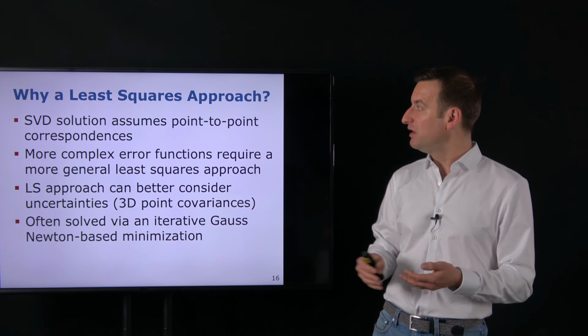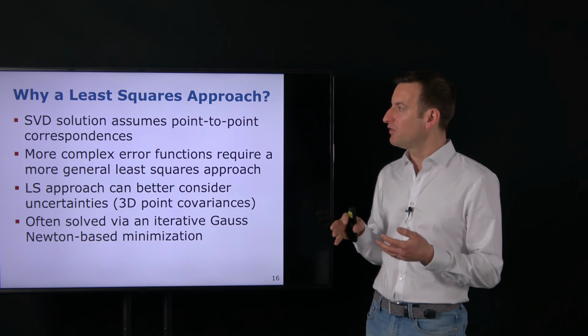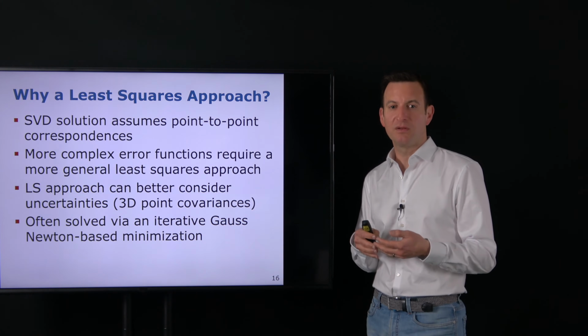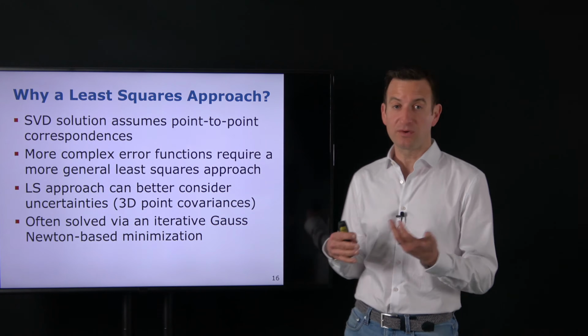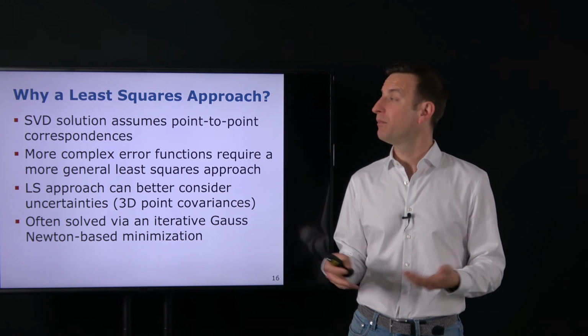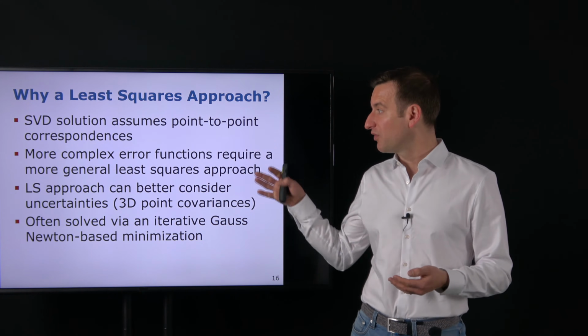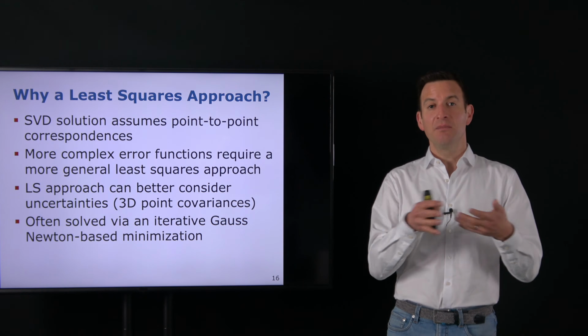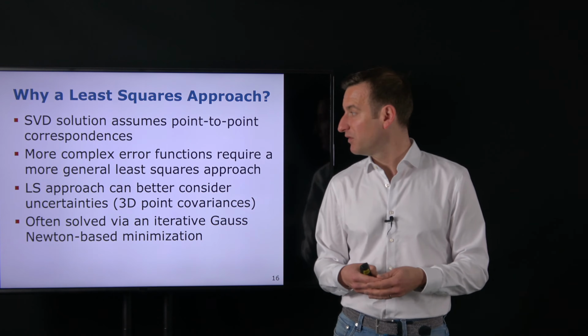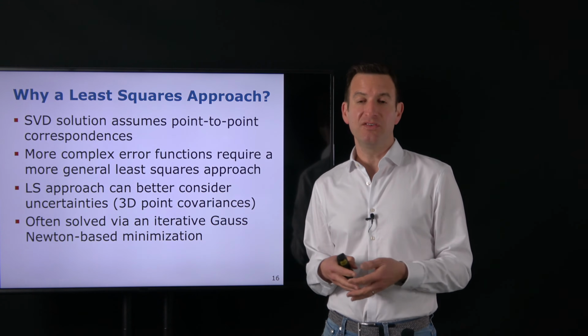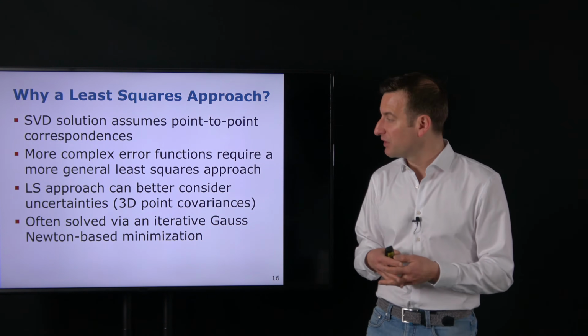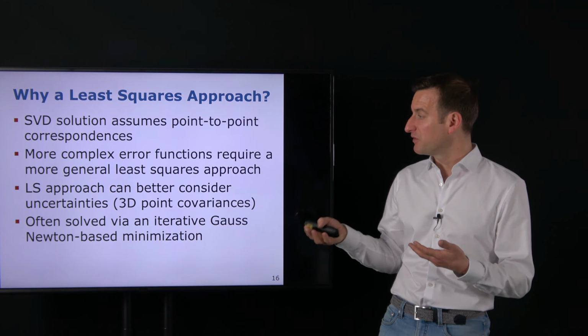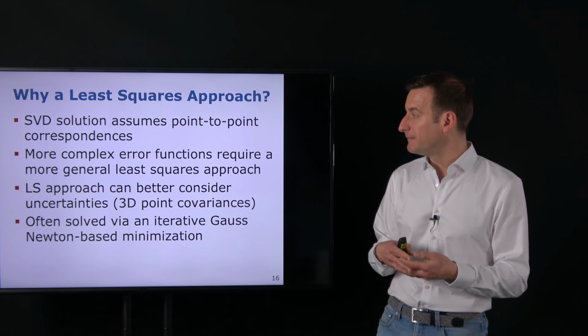So the SVD solution basically assumes point-to-point correspondences. And maybe you have different ways for defining your correspondences. You have more complex error functions, so to say, which then require a more general formulation because you can't put that into the SVD-based alignment. Also, the least squares approach, at least if you have Gaussian uncertainties in your measurement noise, is a statistically optimal solution.